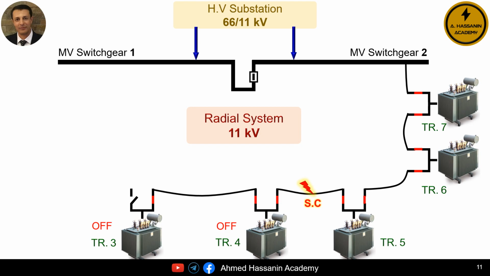This means that the faulty cable has caused the loss of supply to transformers 3 and 4, and consequently, the faulty cable must be repaired first before the transformers can be supplied again with the required medium voltage. In other words, transformers 3 and 4 will remain disconnected and without voltage until the faulty cable is repaired. This represents the most significant disadvantage of the radial distribution system.